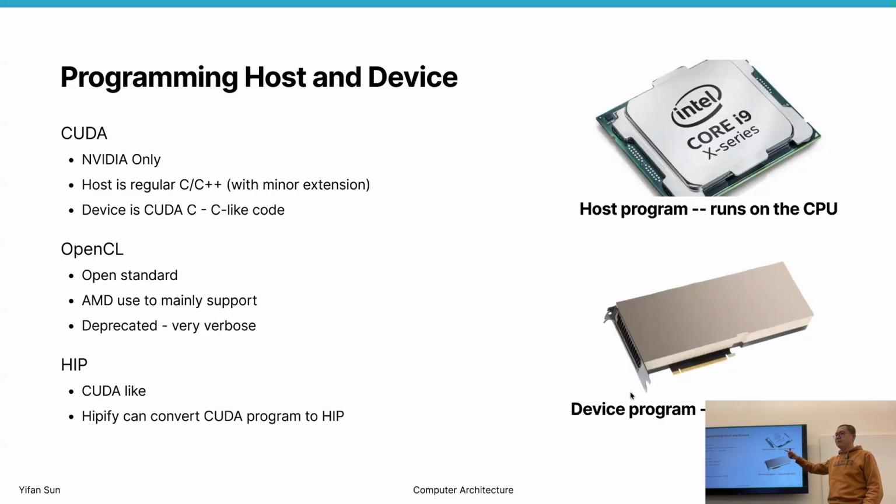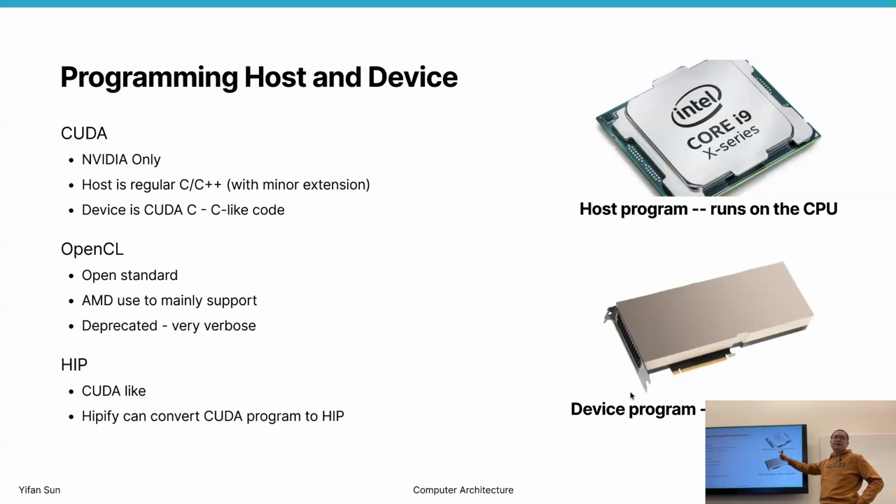Then Apple has Metal, its own programming framework other than OpenCL, tightly integrated with their ecosystem. I learned GPU programming with OpenCL. Now I know CUDA, and I never want to go back to OpenCL anymore. It's very verbose, very annoying.